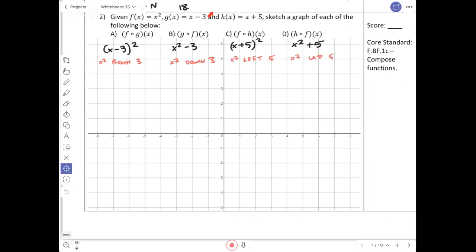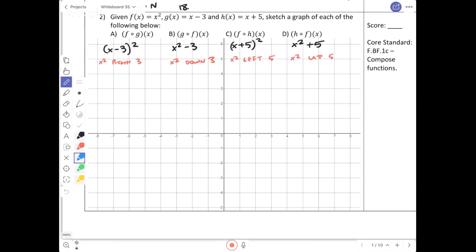So you can see that x minus 3 is a function that moves other functions either right 3 or down 3. And x plus 5 is a function that moves other functions either left 5 or up 5. Whereas f of x is a parent function, a parabola.